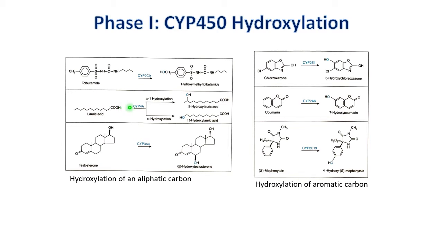That can be hydroxylated as well. Testosterone is obviously endogenous, or it could be given as a gel for low testosterone. That is hydroxylated as well by 3A4. Coumarin, which is related to Coumadin, is slightly different from the drug Coumadin, but this coumarin is more natural, and that produces hydroxycoumarin by CYP2A6.